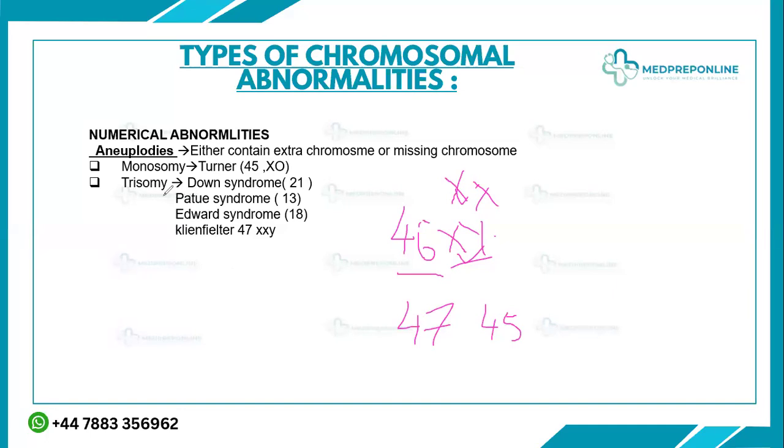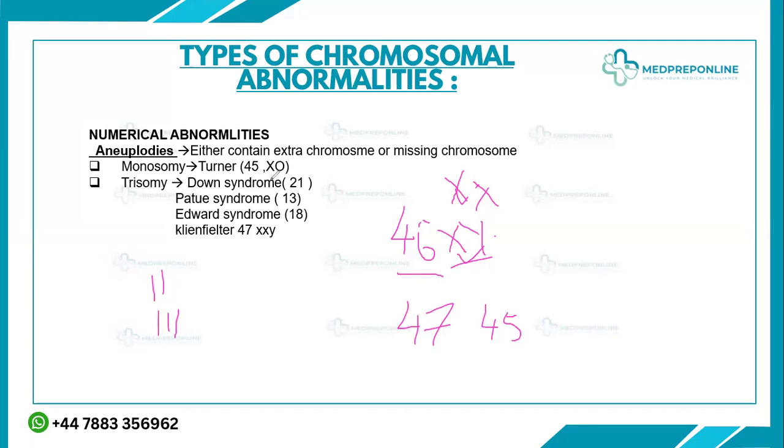When we talk about trisomy, instead of a pair of chromosomes, they have triplets, three copies of a single chromosome. So one extra chromosome is there.